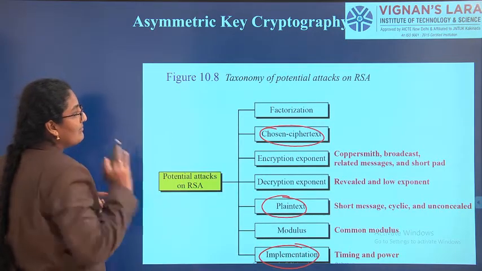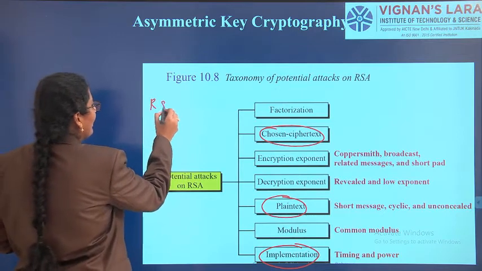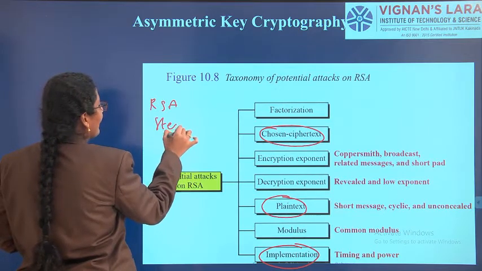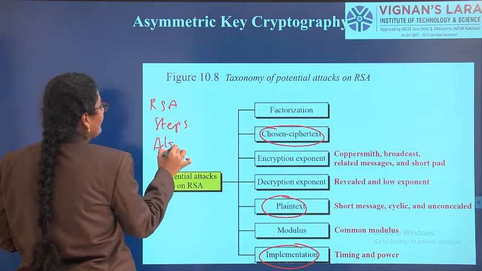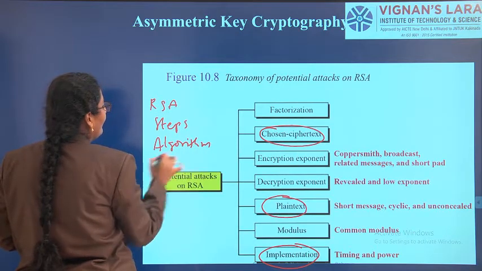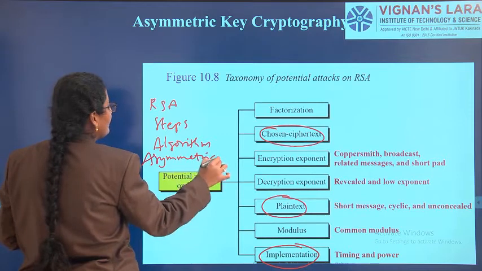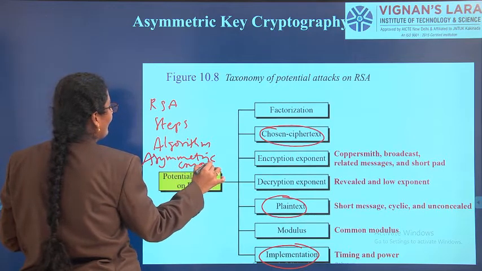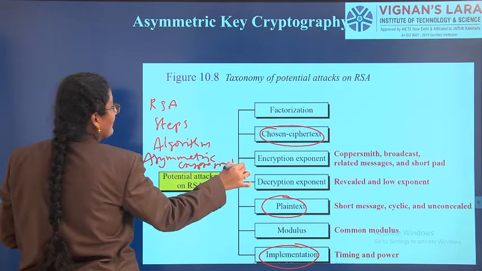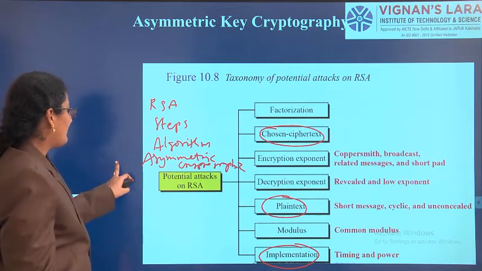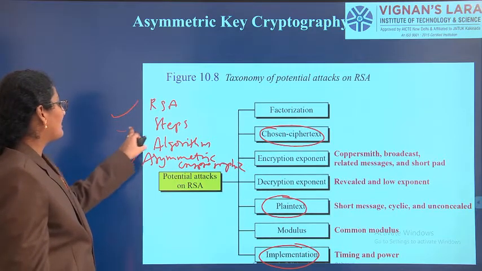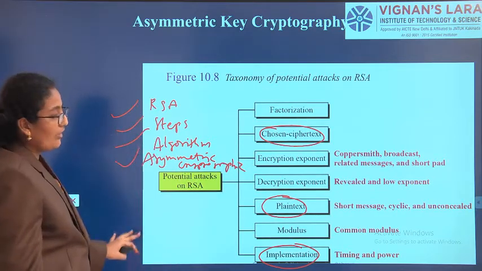But just now remember, we know what is RSA, we know what are the steps in RSA, we know what is the RSA algorithm, we know what is asymmetric cryptography. These basic things we know.